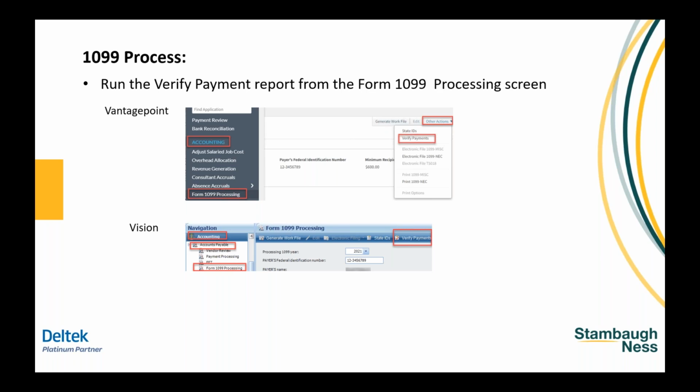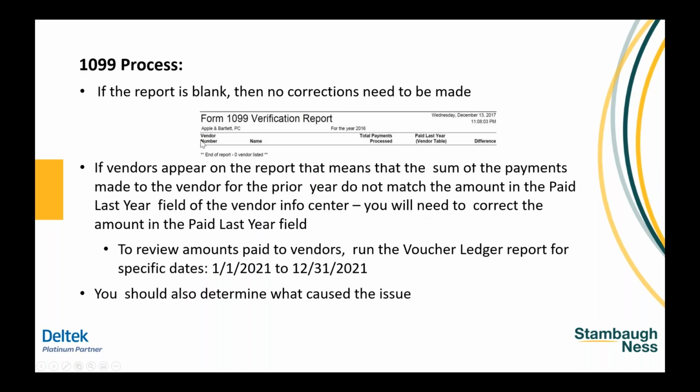And it says, I've paid $1,000, and it's going to verify the paid last year amount. And if there's a discrepancy, it will print on the verification report. If nothing prints, whatever was in the paid last year field matches physical payments from vendor review for the year. The system is just doing a comparison.